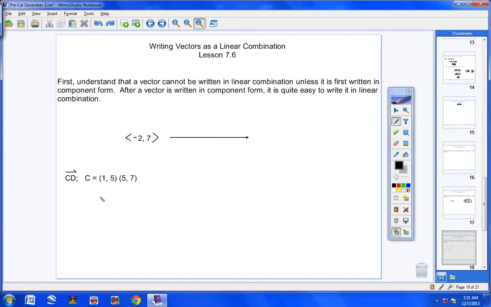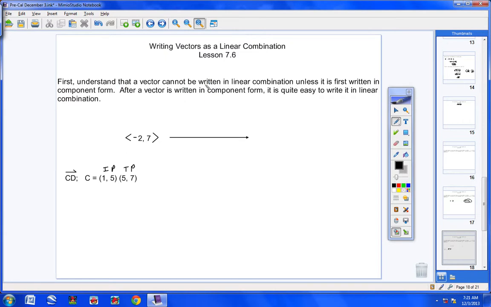I want you to take a vector CD, and I want you to write it as a linear combination. Notice first of all, C is your first letter, that's your initial point, and D is your second letter, that's your terminal point. Is this vector written in component form? No, it is not. Absolutely not. So look at my comment up here.